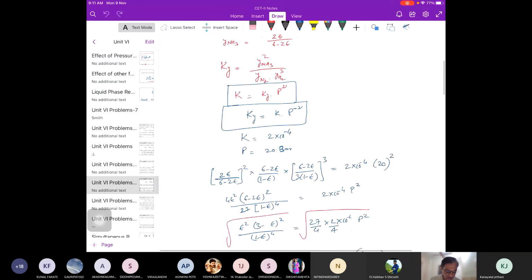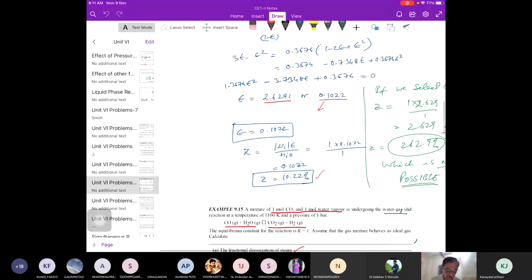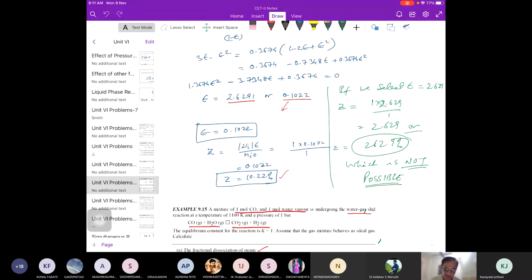In this case, epsilon was 2.6 and 0.1. We selected 0.1, but if we select 2.6, we get conversion as 262%, which is not possible. So y करने की जरूरत नहीं है, इससे मिल जाएगा अपने को conversion. देखो, it should not be more than 100%.